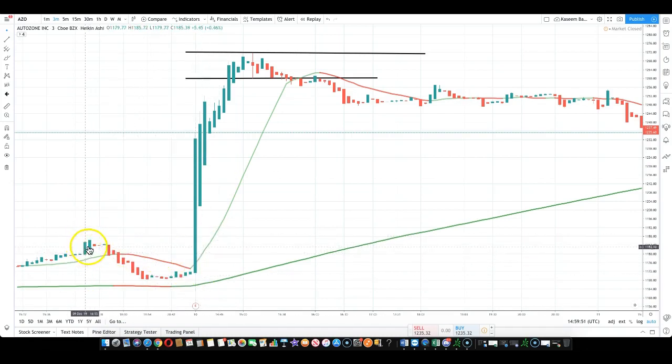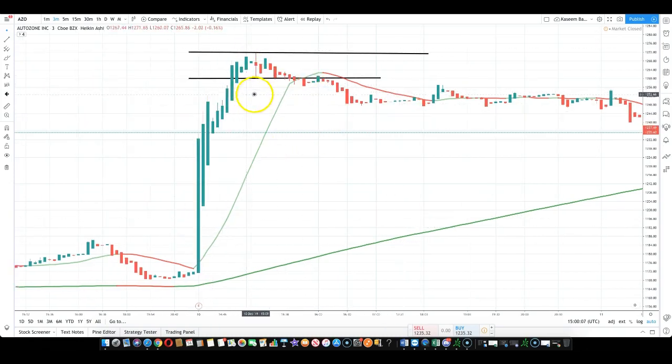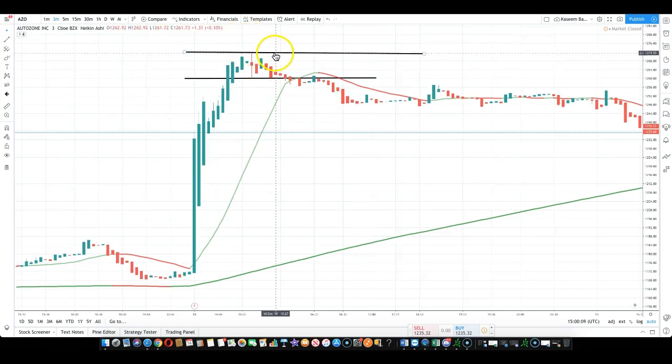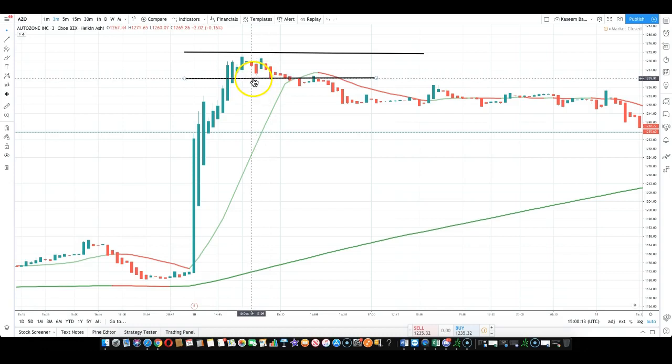You see, because price could not break the previous resistance, price fell, right? And price could not even break the previous support, because you only want to place a trade when price breaks support or resistance. So if price breaks resistance, you want to place a call. If price breaks support, you know what, let me change this to a red color so it's easy on the eye as well.